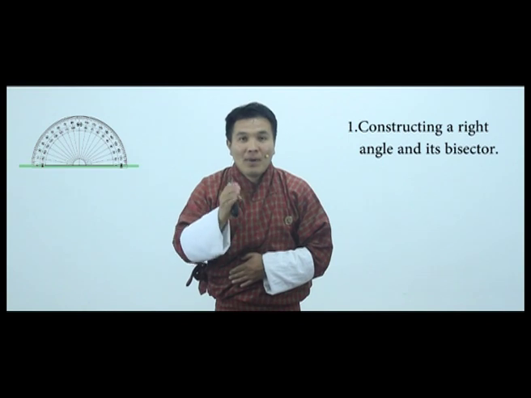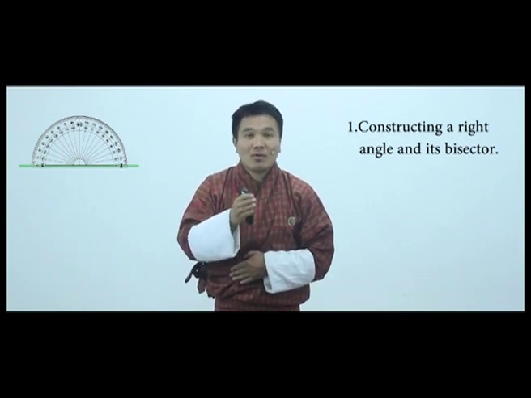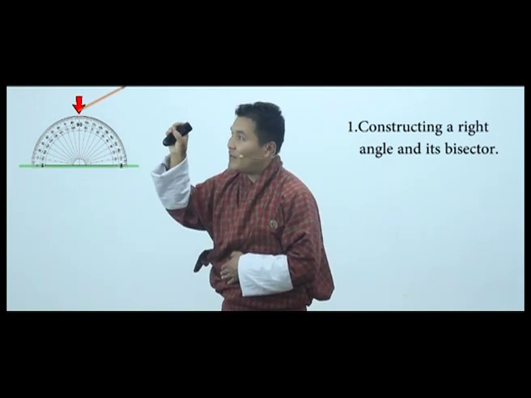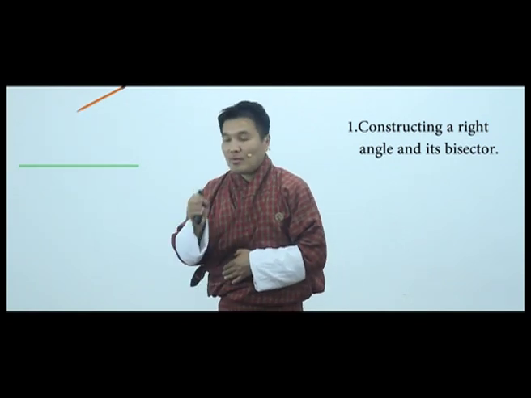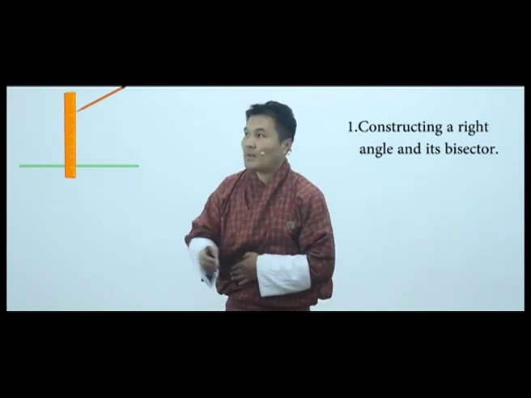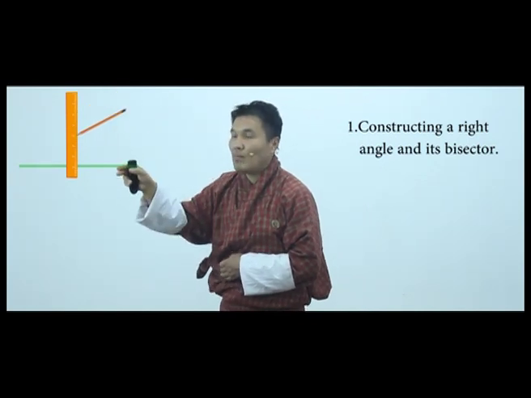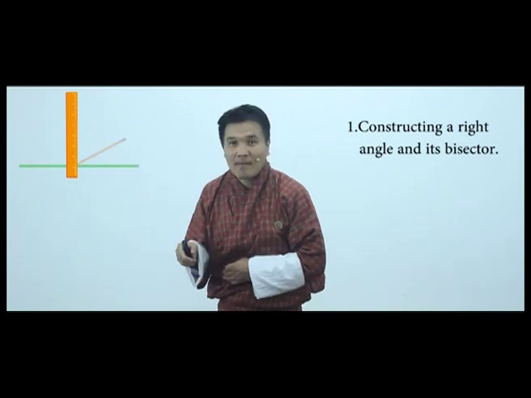After that, mark the angle you want to draw. For example, you are going to draw a right angle here. So mark on 90, or give a dot with your pencil. Now, using your ruler, join the dot with the lower arm, or the lower ray, that you have drawn.